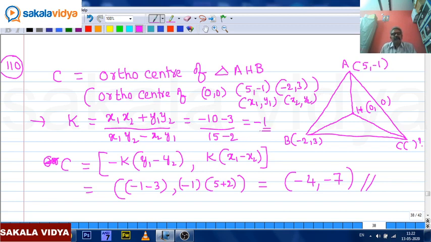Then minus k y1 minus y2 is minus 4, minus k x1 minus x2 is 5 plus 2, 7, so minus 4 comma minus 7.